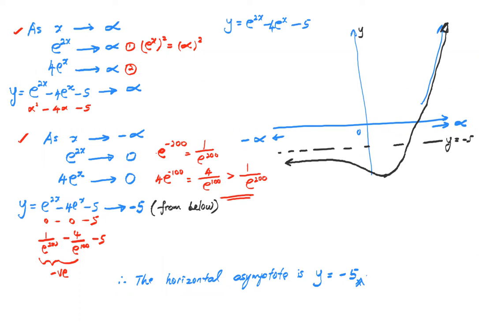Then another thing to take note of is that the graph can cut the horizontal asymptote. You see it cuts in this direction. Any further question? No. So I'm going to give you another one that involves natural log.